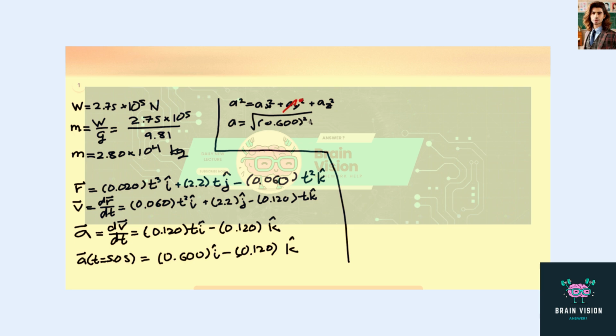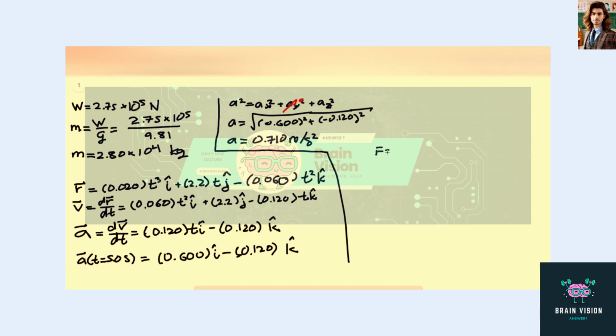So that was 0.6, and the z component is negative 0.12. The minus sign will turn out to not matter because we're squaring it, but we do that anyway. Add them together and then square root it and get that acceleration.